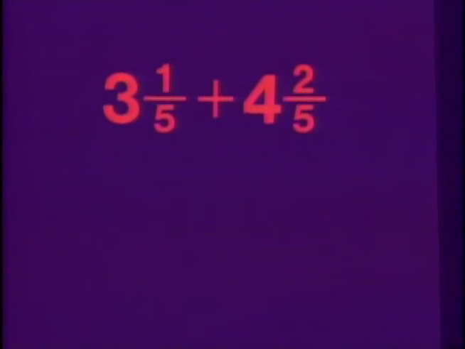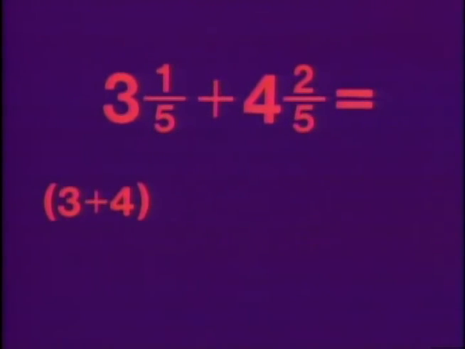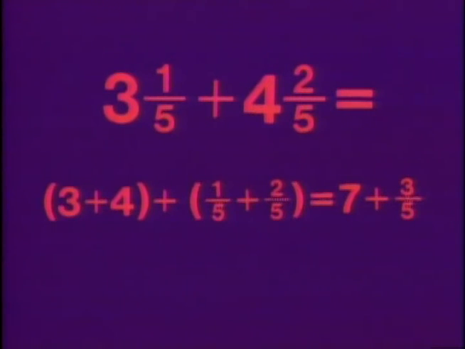For example, suppose we want to add 3 1/5 and 4 2/5. So the problem becomes 3 plus 4 plus 1/5 plus 2/5. 3 plus 4 is 7. 1/5 plus 2/5 is 3/5. Combining the results, we get 7 plus 3/5, or 7 3/5. If you're adding a combination of whole numbers, mixed numbers, and fractions, the idea is the same. Group all the whole numbers and all the fractions separately.